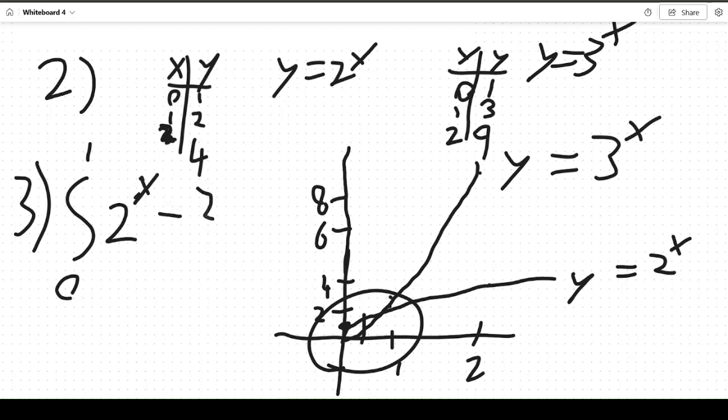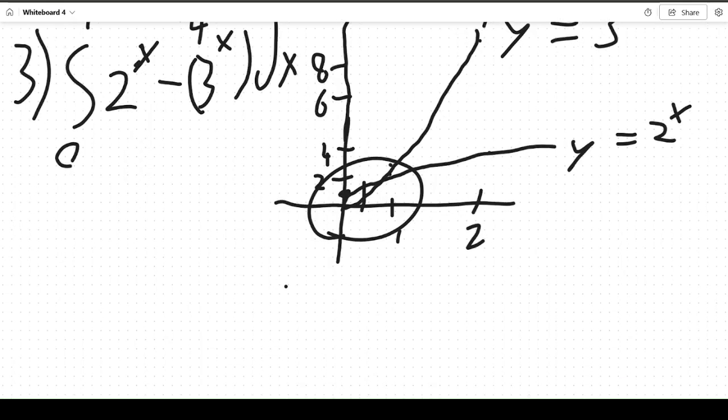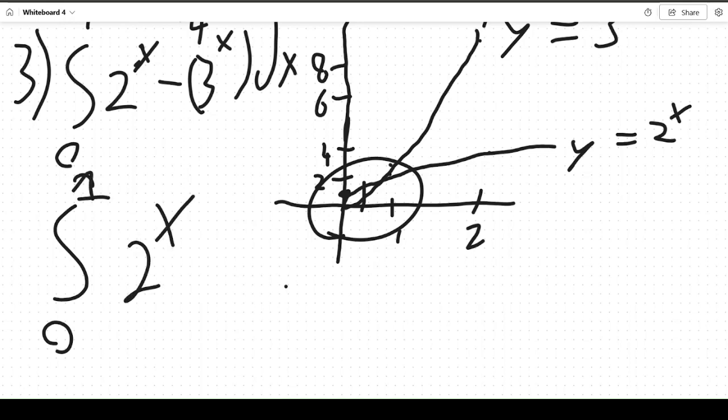Our bottom function would be 3 to the power of x. So our final answer would be the integral from 0 to 1 of 2 to the power of x minus 3 to the power of x dx.